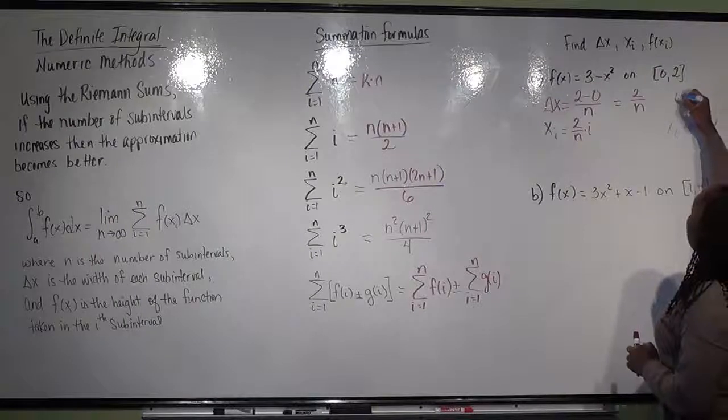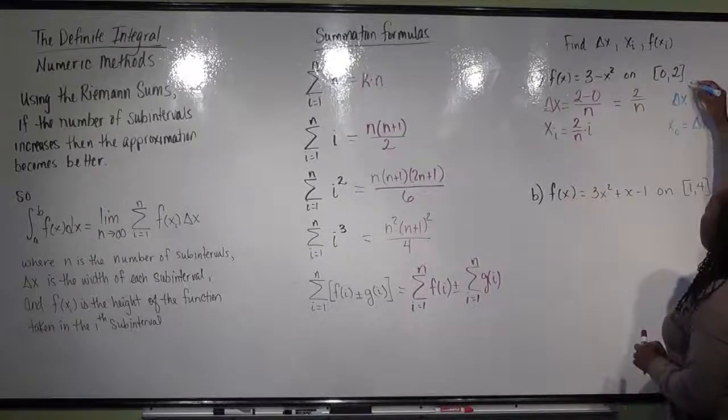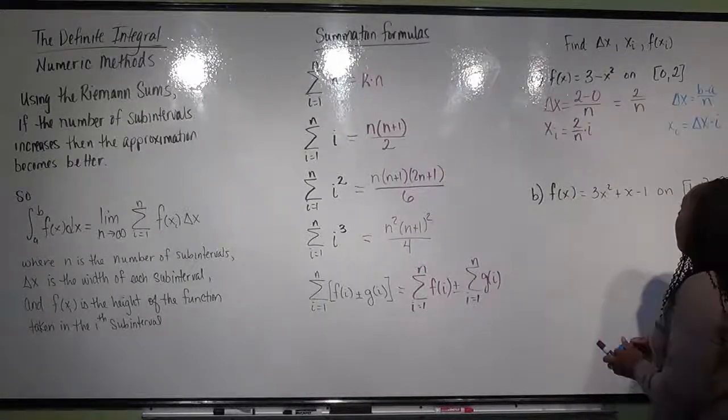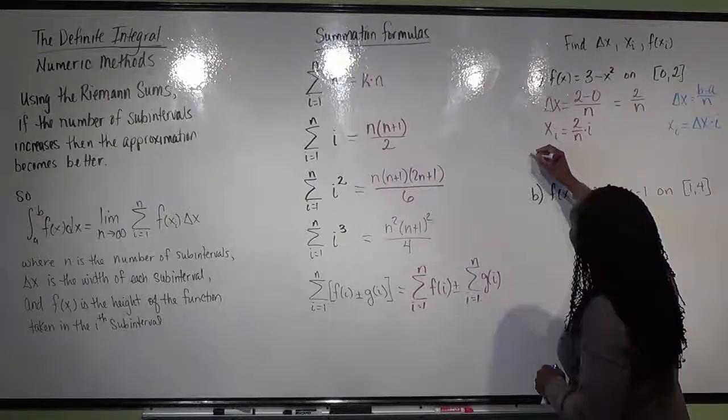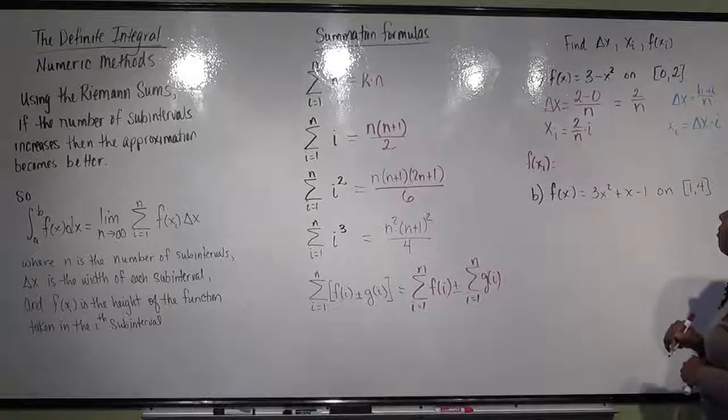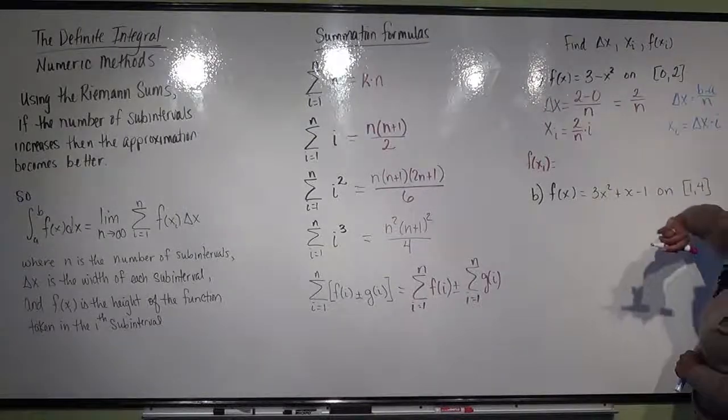And again, my delta x here, we can think of, if this is a and b, it's b minus a over n. Okay? And then for my function, so my f of x sub i, well, I'm just going to plug 2i over n into my function.